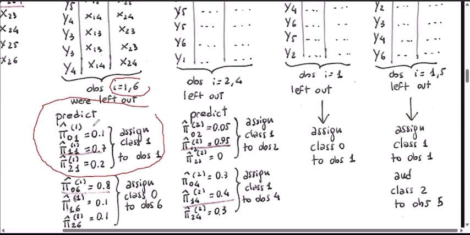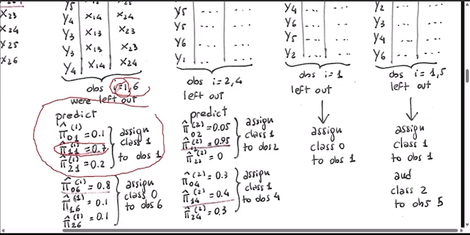Group 0 gives 0.1, group 1 is 0.7, group 2 is 0.2. I'm going to use the highest value, which means observation 1, which is part of what is missing here, is going to be assigned to class 1.